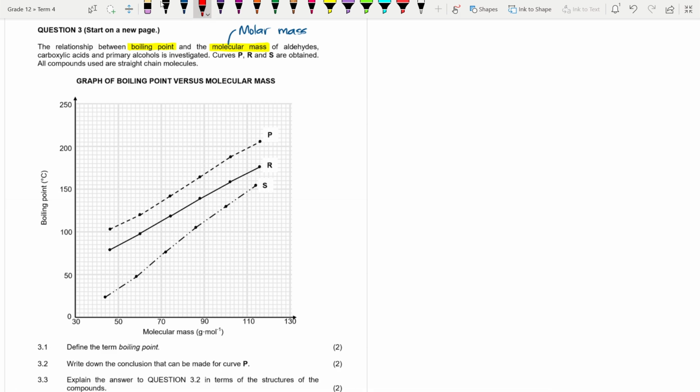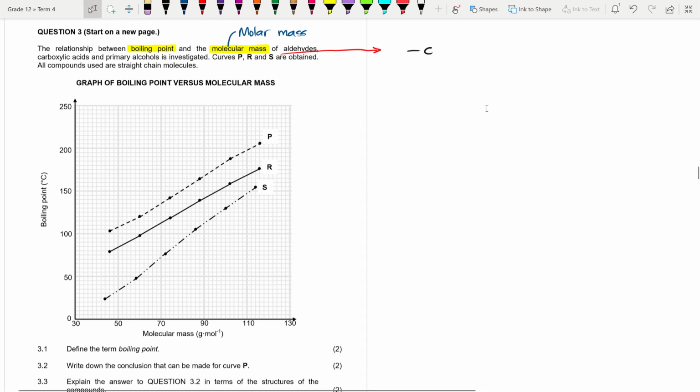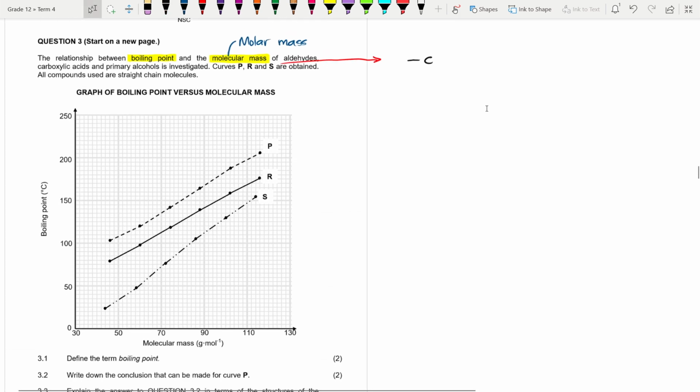You should remember what aldehydes look like. Anyone who remembers the functional group of aldehydes, how do we represent it? Functional groups are important.